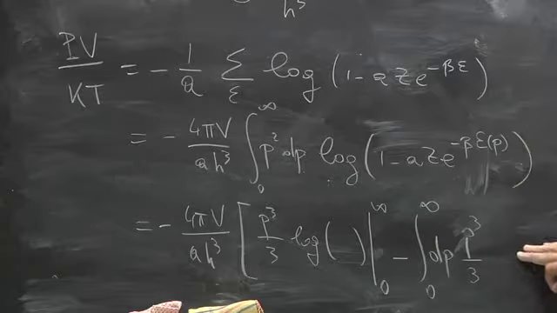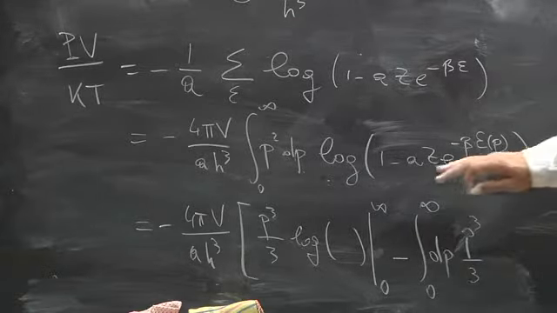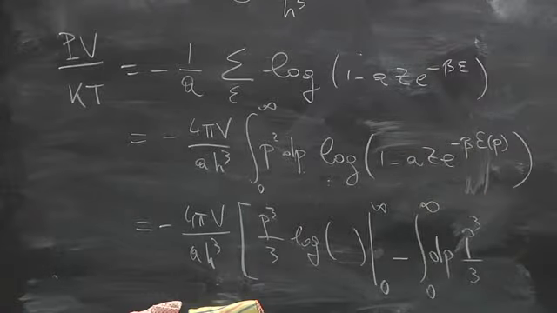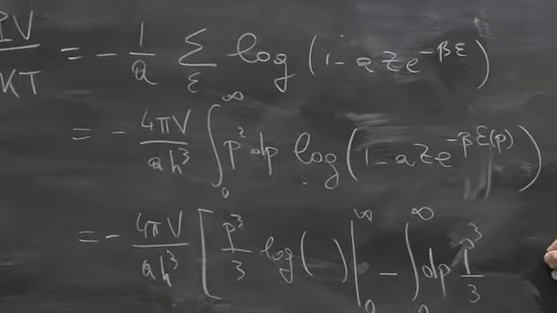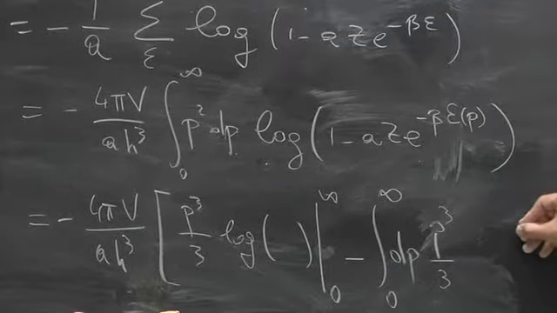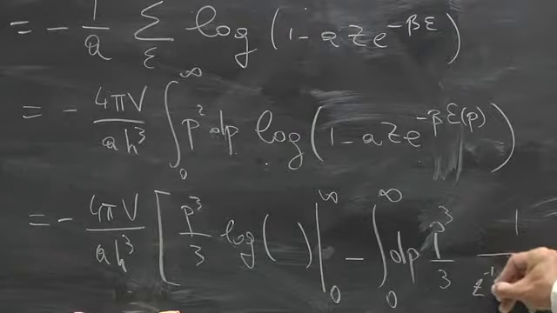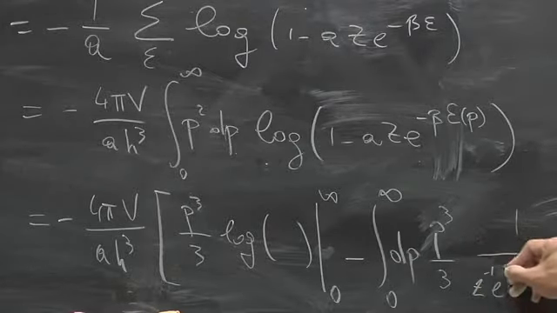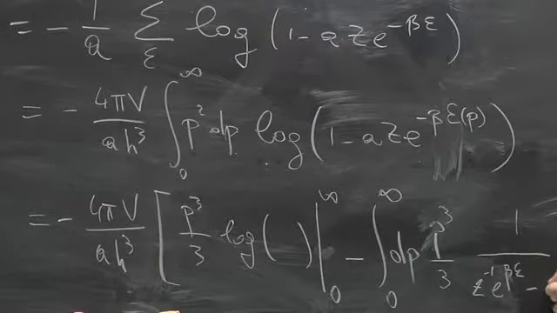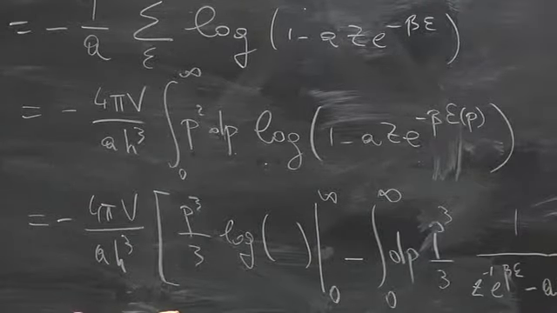And then I have to put the derivative of this. The derivative of this is again 1 over z to the minus 1 e to the beta epsilon minus a.